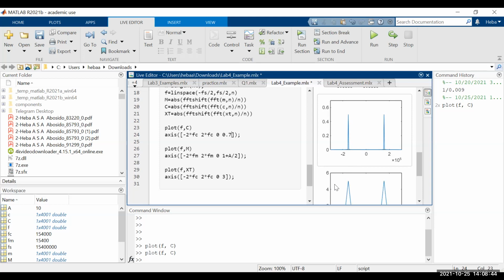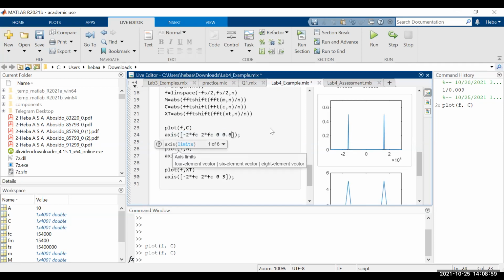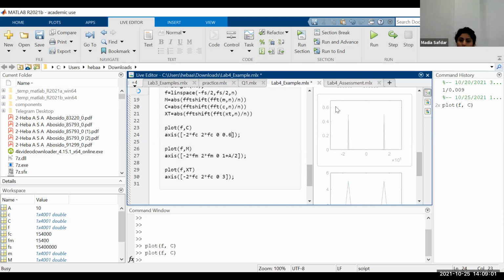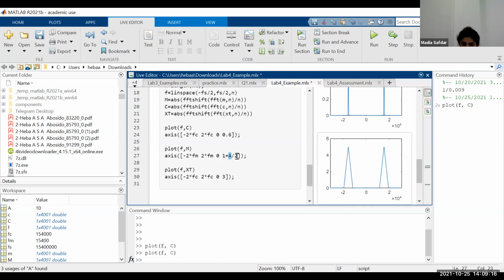So, Miss, first we plot, then we find the numbers from here, from the plot. First you plot, and for the x, you find the numbers from the figure. If your amplitude is going away, from your own understanding you should try to fix it so that the full figure is clear. And why is the second one 1 plus a divided by 2? So you see, amplitude is how much? 10 divided by 2 is 5, plus 1, 6.